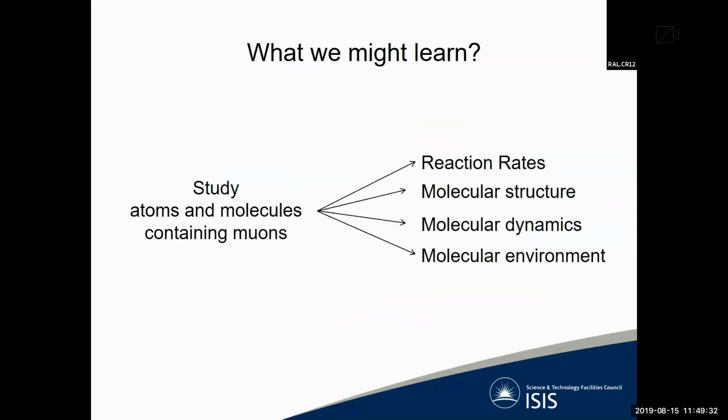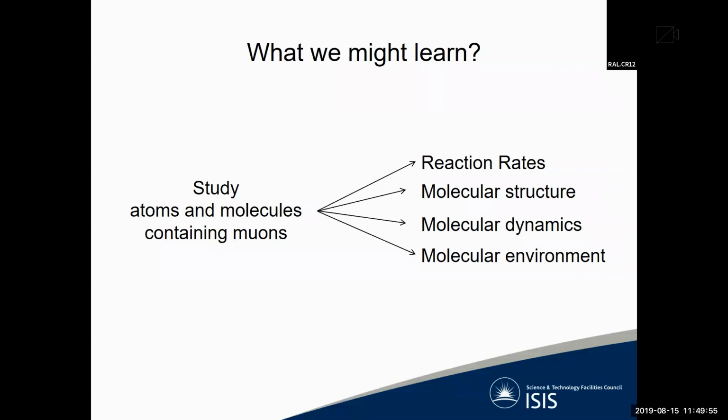So there's only a point in doing muonium chemistry if we're going to learn something. And broadly speaking, I think there are four areas where the subject's contributing. So reaction rates is a fairly big topic that people are looking at. Molecular structure, molecular dynamics, and molecular environments.